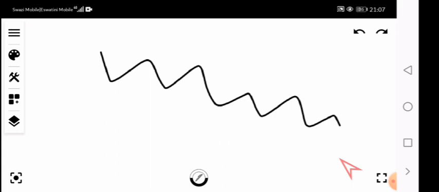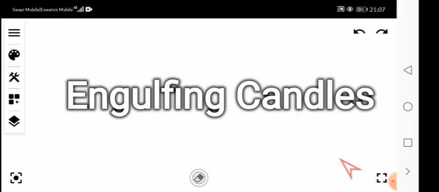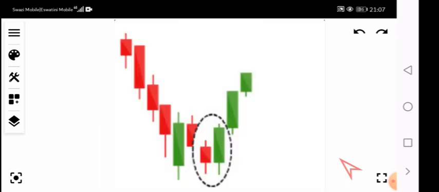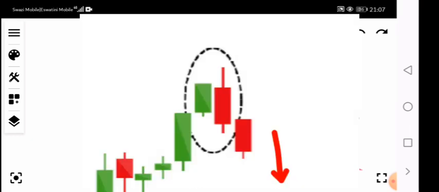That is when price is moving in a downward direction. Another thing that you need to know is how to identify engulfing candles. So you need to be able to see bullish engulfing candles of different types. And you also need to be able to see bearish engulfing candles of different types.